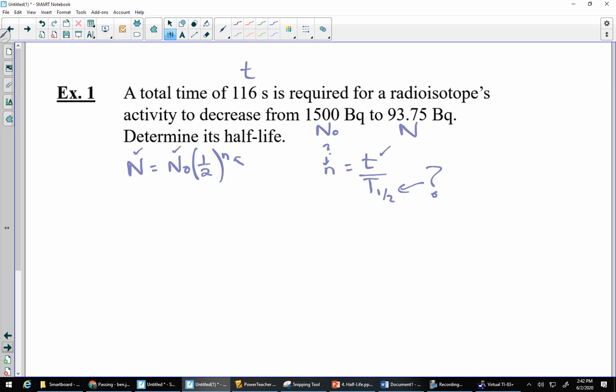So here's a guess and check way to do it. I'm just going to fill in some of the things. I know that my final amount is 93.75 becquerels, which is going to be equal to 1500 becquerels times 1/2 to the power of n. I just have to figure out what n is.